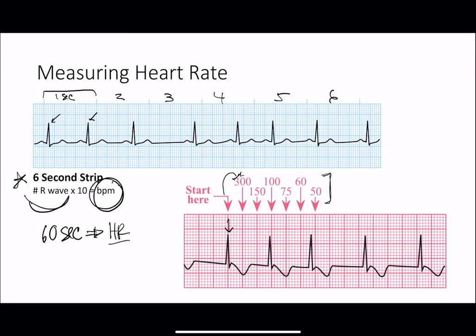If it's 2 boxes, your heart rate is 150 beats per minute. If it's 3 boxes, it's 100. If it's 4, it's 75. So for people who work with EKG strips, these numbers become extremely valuable because it's very easy to have them memorized, and you can look at a strip and very instantly know a heart rate.